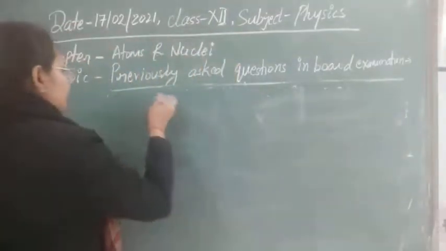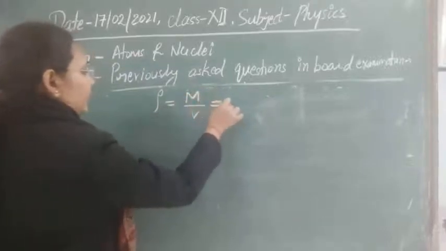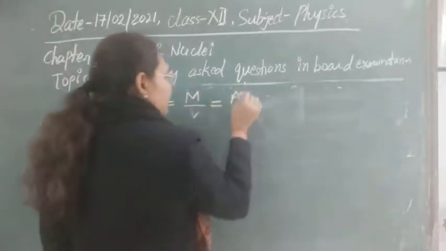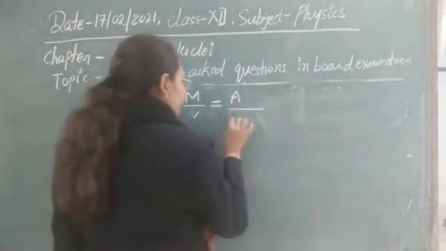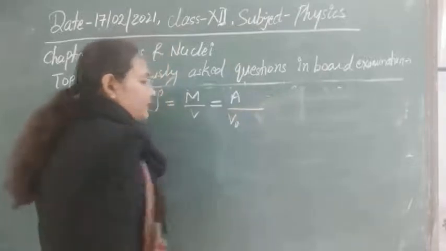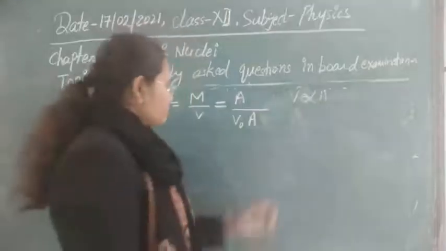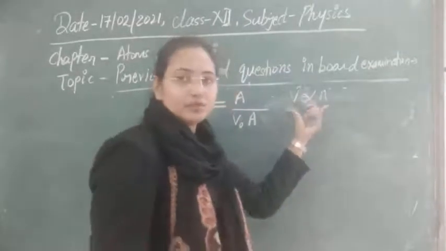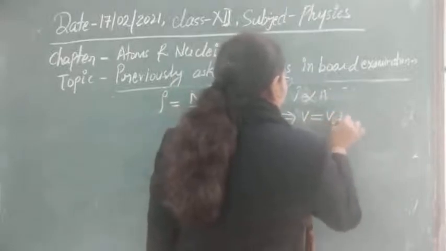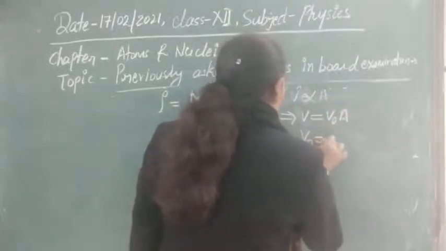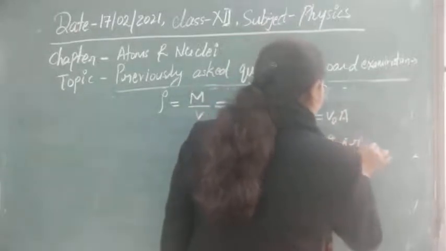As you know, density is defined as mass per unit volume, and here the mass that we are talking about is the atomic mass. Volume, as we have, V is proportional to A. So as V is directly proportional to A, it means that V will be equal to some V0 into A. Then the value of V0 will be equal to 4 by 3 pi R0 cube.